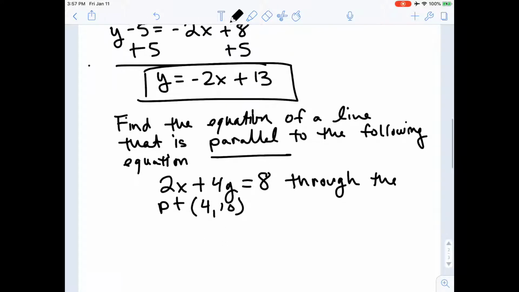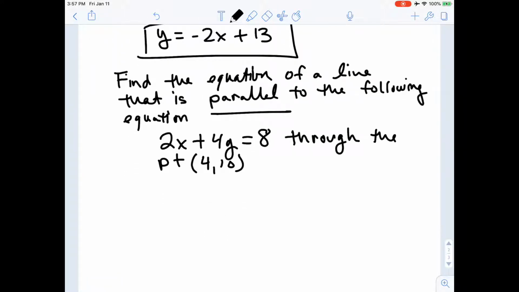So before you pull out a slope and plug it into point slope, you have to convert this equation into a slope-intercept form equation. That's the only way you're going to be able to do this. So it's a little bit of algebra, which is kind of annoying. And I see those eye rolls, I know.